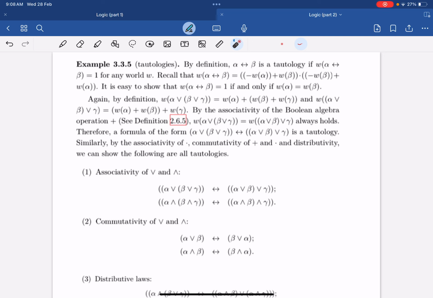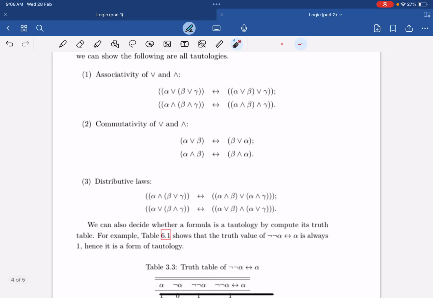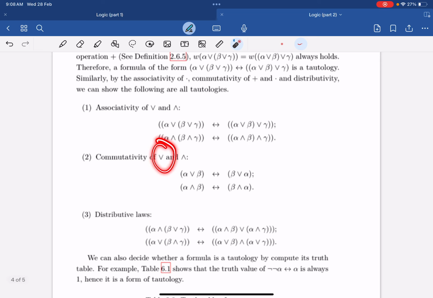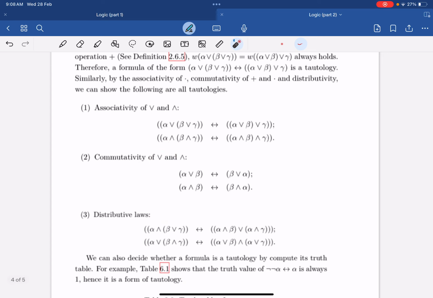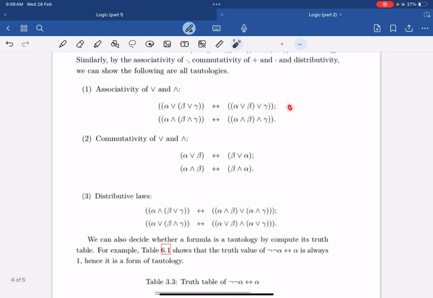Therefore, a formula of the form alpha or beta or gamma, if and only if alpha or beta or gamma, is a tautology. So it basically means your associative laws of conjunction and disjunction are tautologies, your commutative laws also hold, and your distributive laws hold as well. So these are all tautologies.